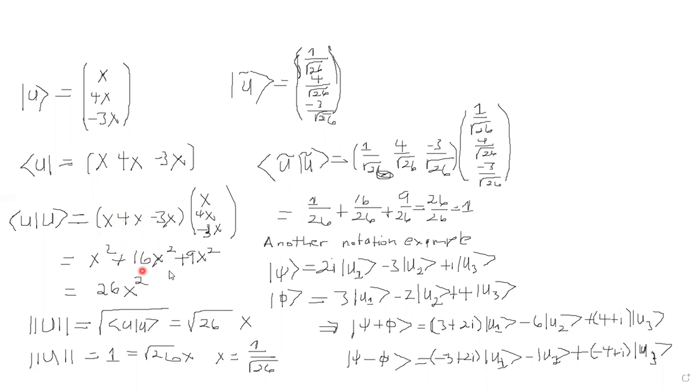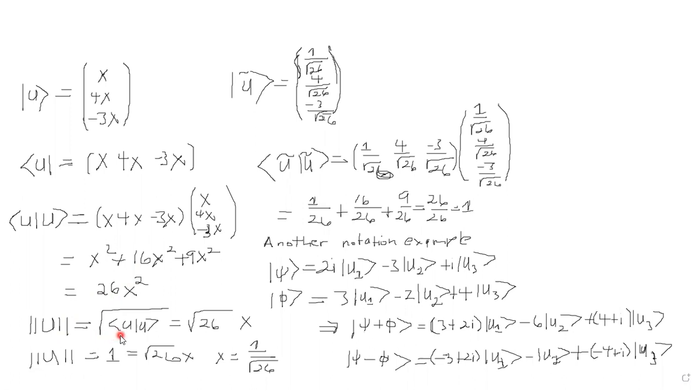When I multiply these two together, I get 26x squared. If, let's say, we want to normalize it, the modulus is defined this way.